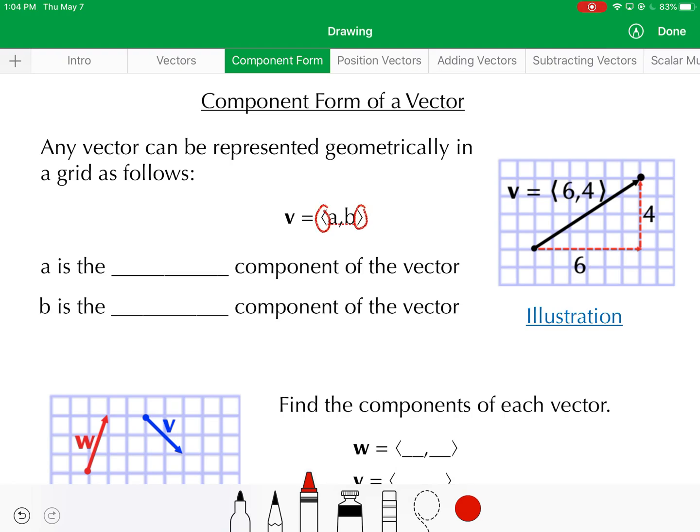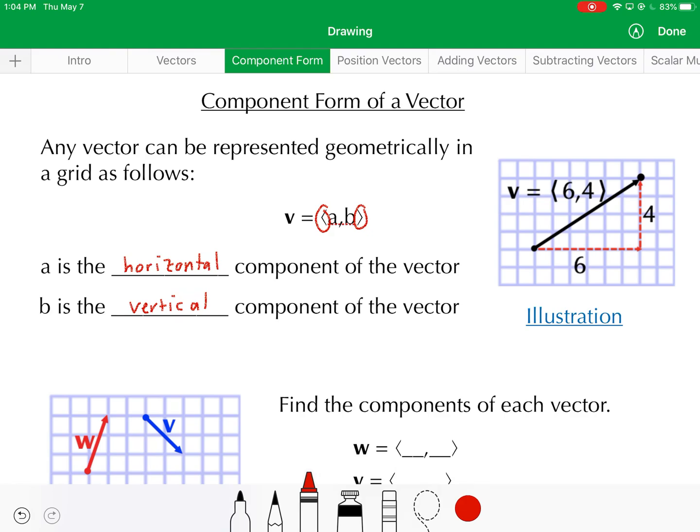Okay, component a is known as the horizontal component of the vector, and then component b would be your vertical component. And these two numbers, a and b, all they do is they tell you how many units horizontally and vertically you need to travel from the initial point of the vector to get to the terminal point of the vector.